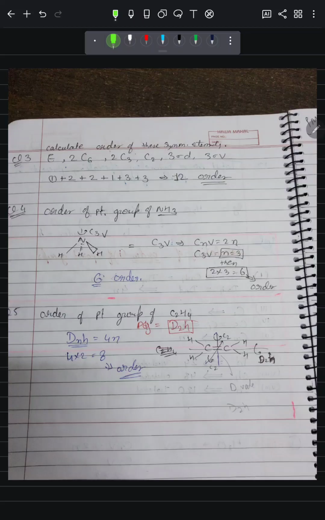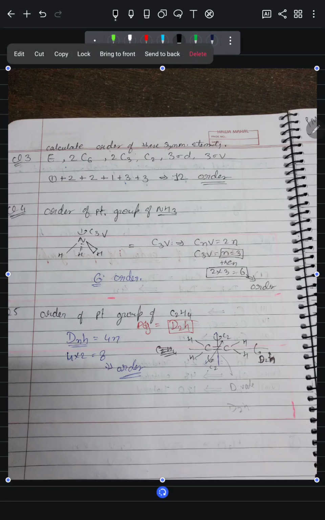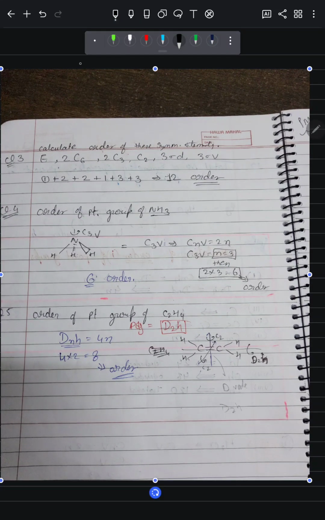Now here are some examples. There is one question which asks to calculate the order from the symmetry elements given. These are the symmetry elements: E, 2C6, 2C3, C2, 3 sigma d, and 3 sigma v.